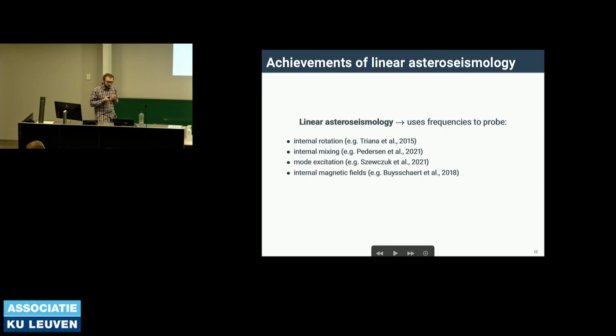Linear asteroseismology uses frequencies to probe the internal rotation profile of an SPB star. It uses frequencies and period spacing patterns to probe the internal mixing profiles of these stars.